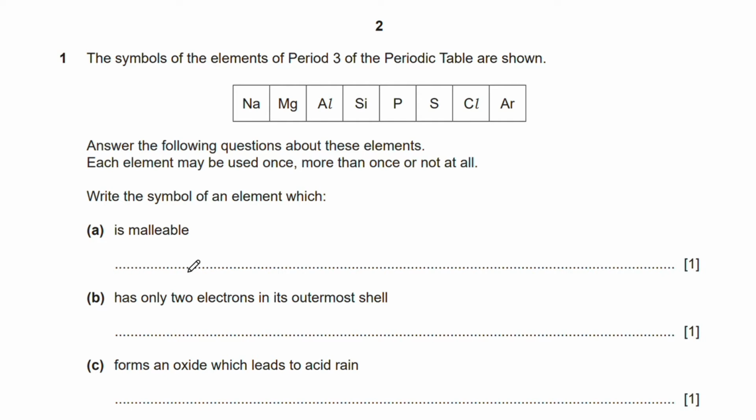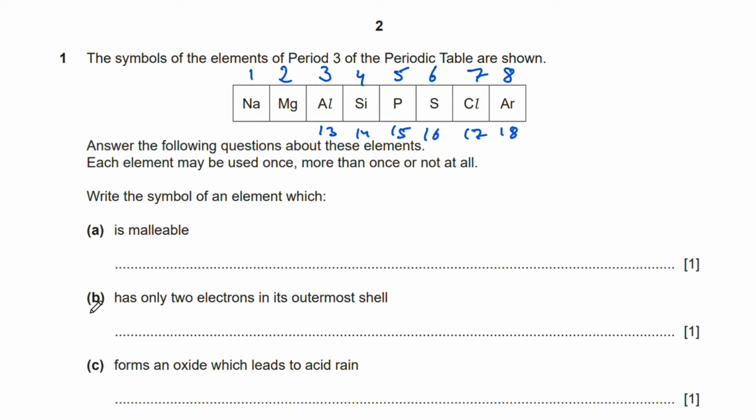So see, these are elements of period 3, and the groups are 1, 2, 3, 4, 5, 6, 7, 8. Or what you can write is, this is group 1, 2, then in between there are transition elements. So this is actually group 13, 14, 15, 16, 17 and 18.